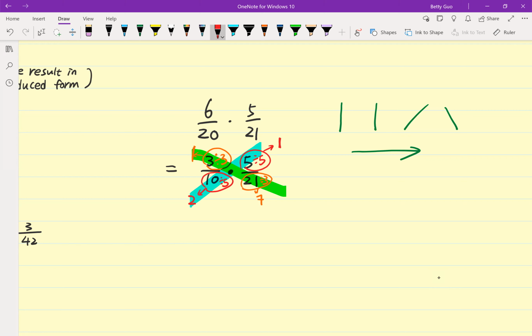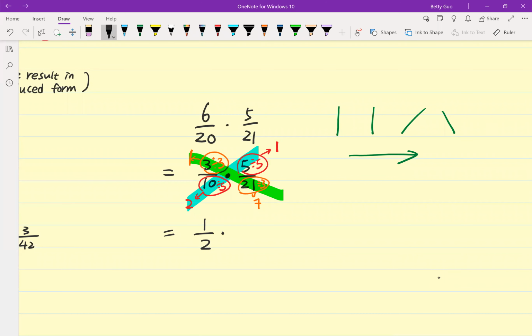Right? So that is what I'm saying, vertical, vertical, diagonal, diagonal. I will show you why this method is better than the other method I'm going to show you. So be careful, after you simplify, like reduce for all the 4 directions, clean it up. The first fraction right now is not 3 over 10 anymore, it's 1 over 2, right? Because the left top becomes 1, left bottom becomes 2. The right top becomes 1, the right bottom becomes 7.